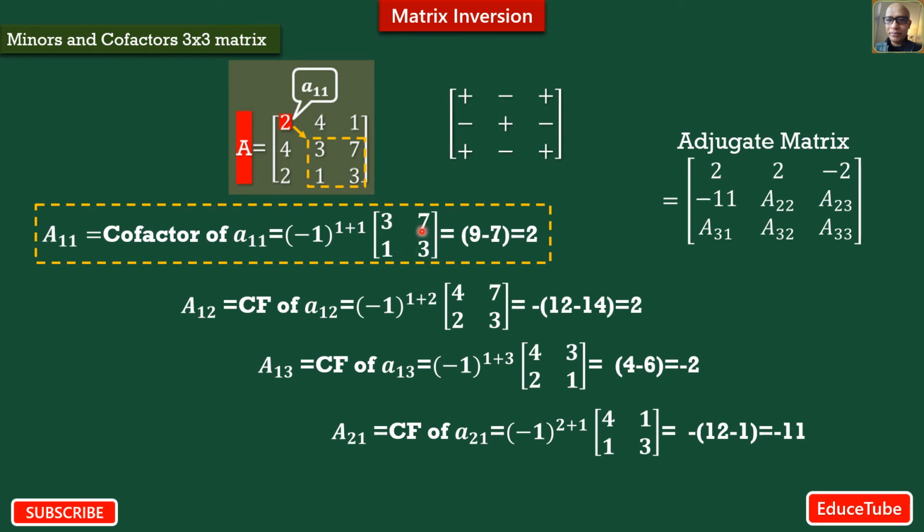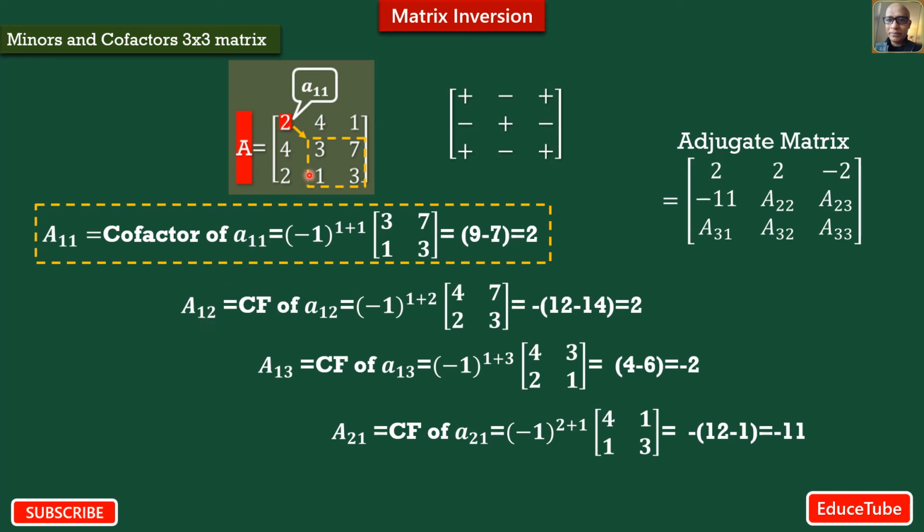So with calculations, I got 9 minus 7 equal to 2. Where will I put this value? I have to put all these values in another matrix that is called the adjugate matrix. See here, I put 2 here.